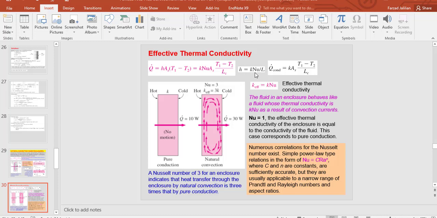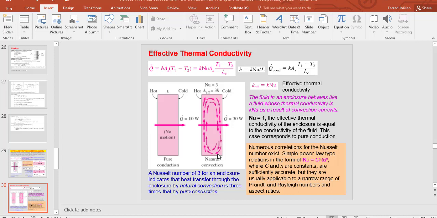So we should know the Nusselt number. But we can define this by this equation as well. And instead of k, we can put k effective equal to k times Nusselt number.